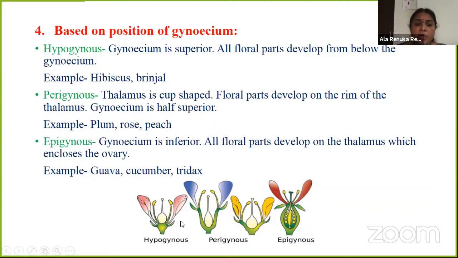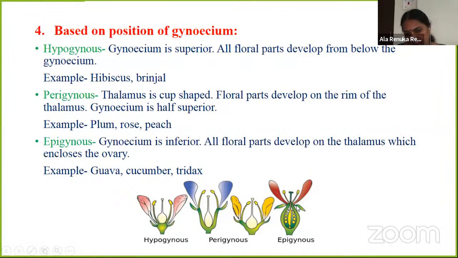Okay, and epigynous: epi means above the gynoecium, that is, floral parts are above the gynoecium. So what happens to the gynoecium? Automatically it goes below. So the gynoecium becomes inferior. Flower is epigynous, gynoecium becomes inferior.